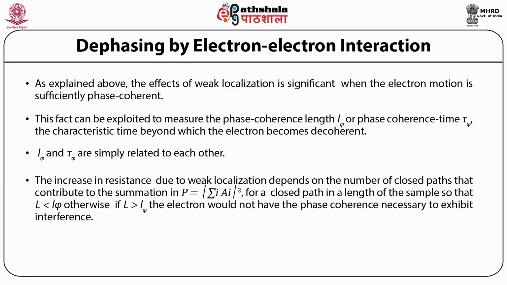Otherwise, if capital L is greater than l phi, the electron would not have the phase coherence necessary to exhibit the interference.